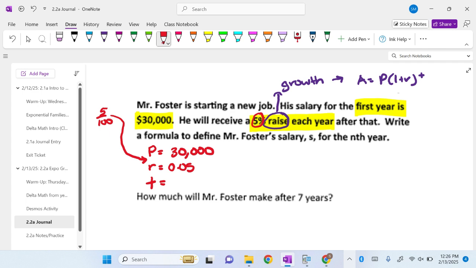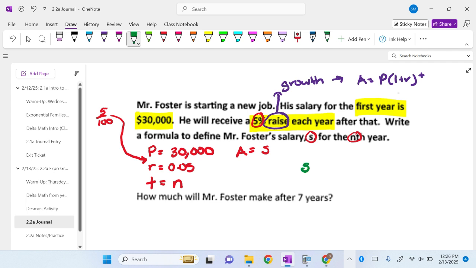Each year after, or the nth year. So that means instead of T, we're going to put N. All right. And then A, that's our new value, which they told us to use S, so we're going to put S for A. So now we're going to take all of these numbers and variables and plug them into their respective spots in the formula.